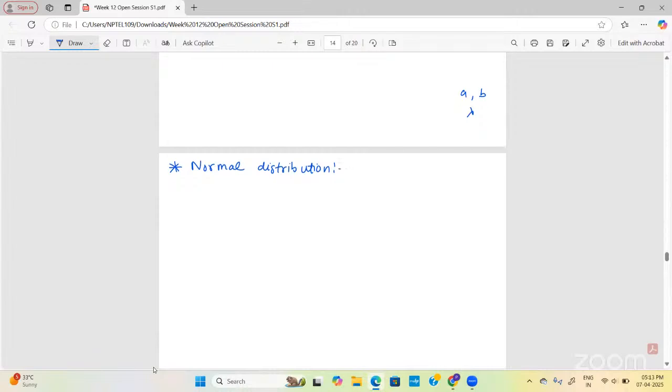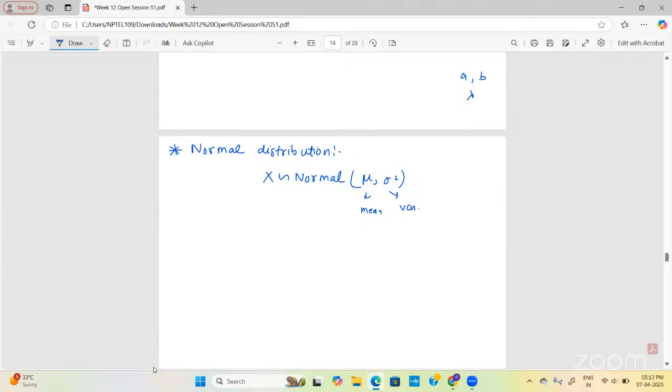Now for normal distribution, we write X follows normal distribution with parameters mu, comma, sigma square, where mu is nothing but the mean and sigma square is variance. So these are the two parameters.